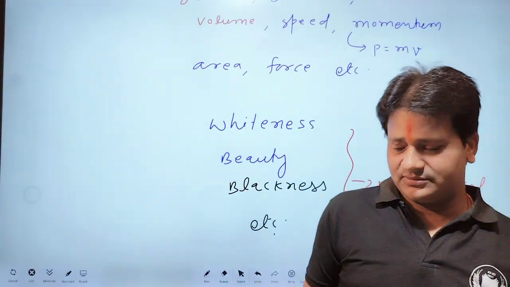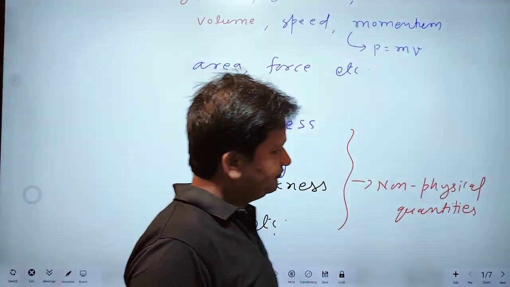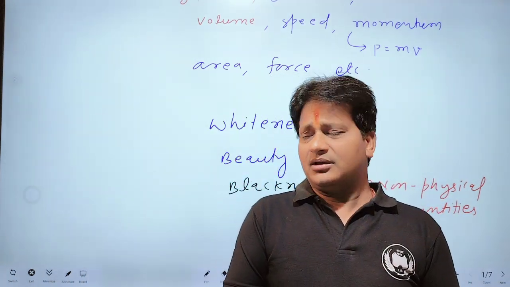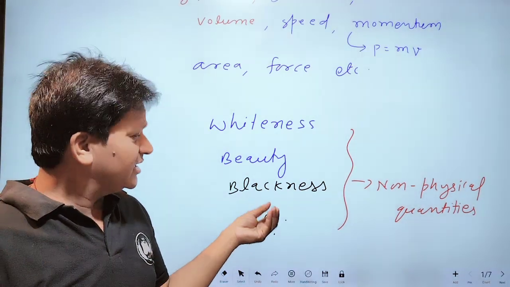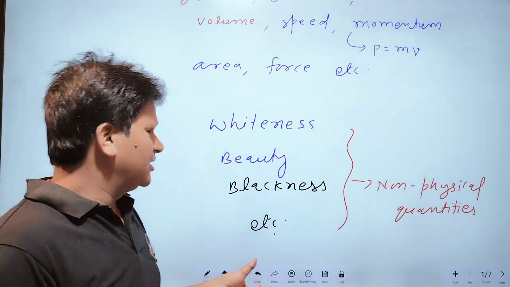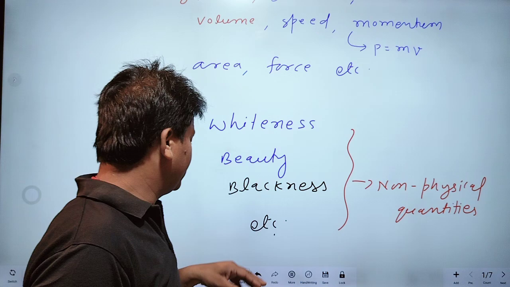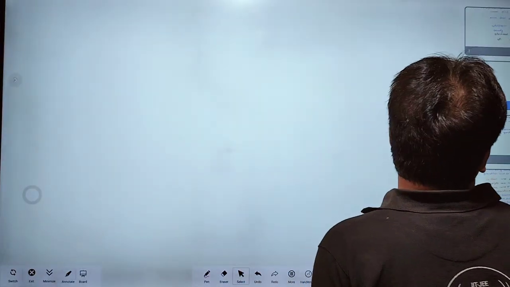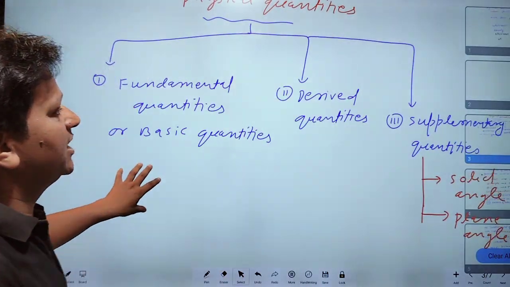In physics, we study only physical quantities. You can never study about these quantities. Therefore, I left this quantity here, and now I am going to divide physical quantity into three parts.